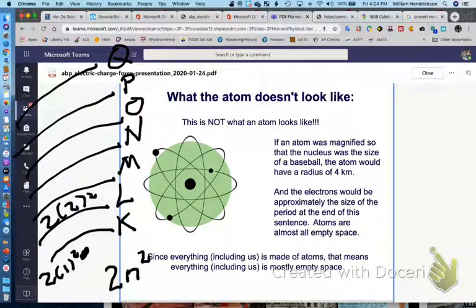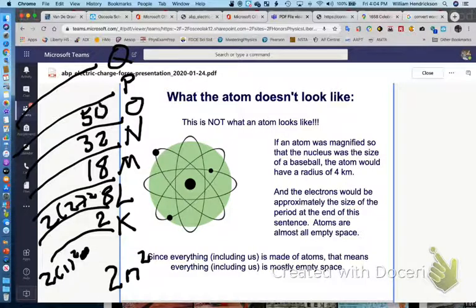So K: 1 squared is 1, times 2 would be 2. L: 2 squared is 4, times 2 would be 8. M: 3 squared is 9, times 2 would be 18. N: 4 squared is 16, times 2 would be 32. O: 5 squared is 25, times 2 would be 50.